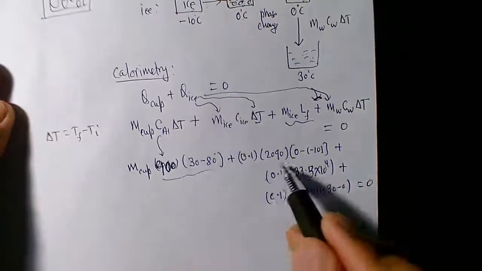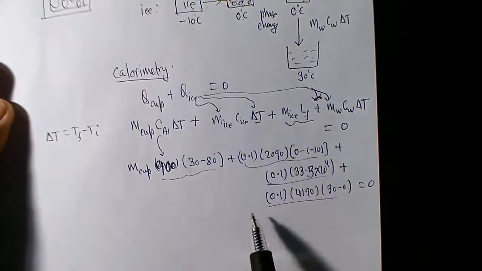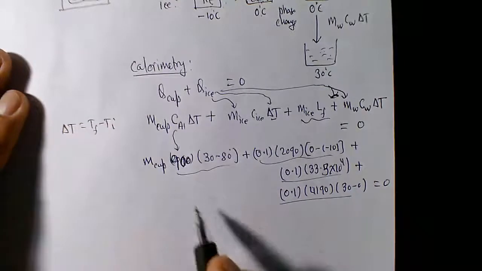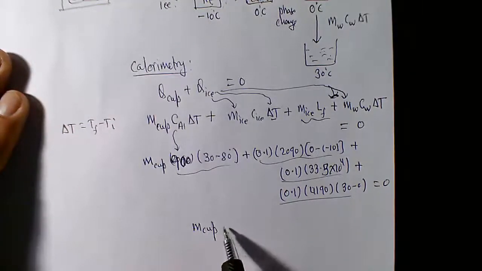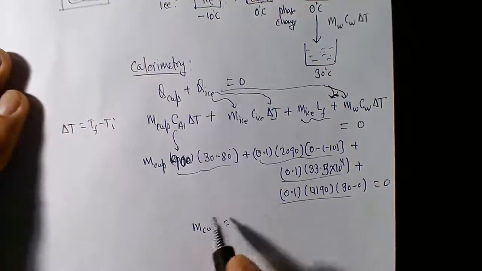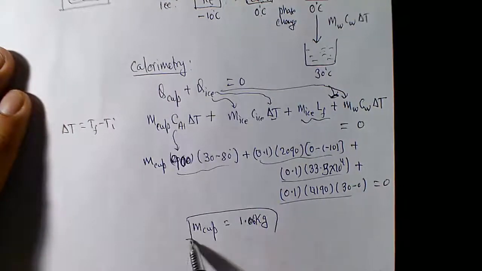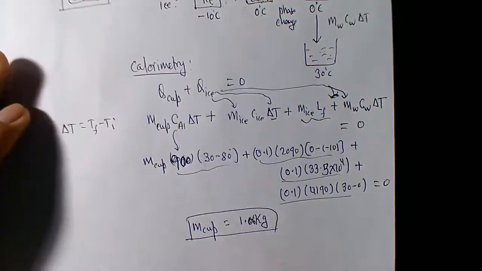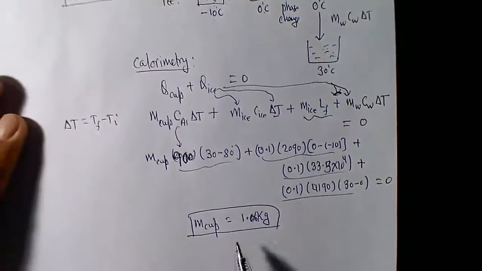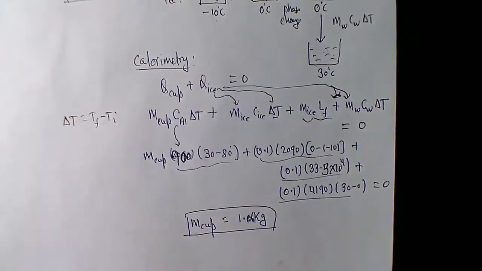Now you have all these variables, so now just calculate all these, and solve for the mass of the cup, because that's the only variable left. Now do this algebra and calculate, this is 1.06 kilogram. So the mass of the aluminum cup must be about 1 kilogram. So that's how you solve.